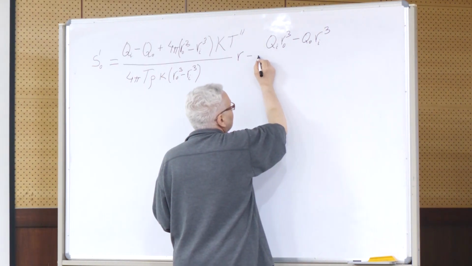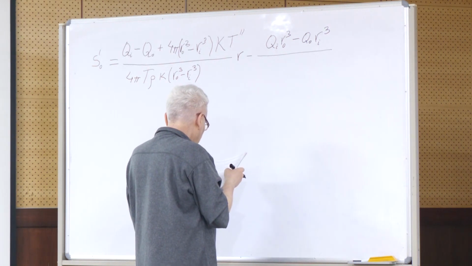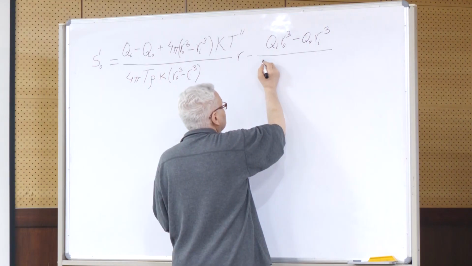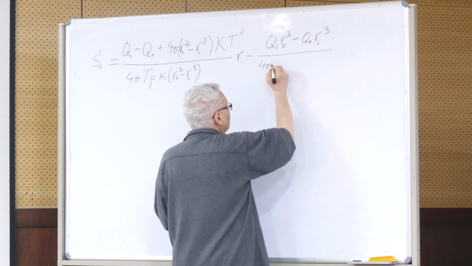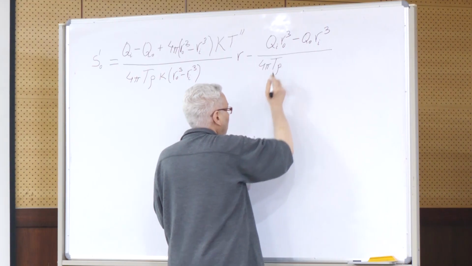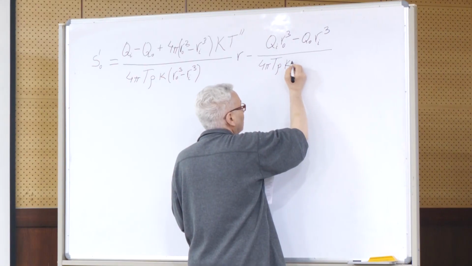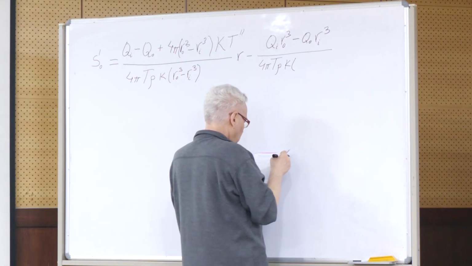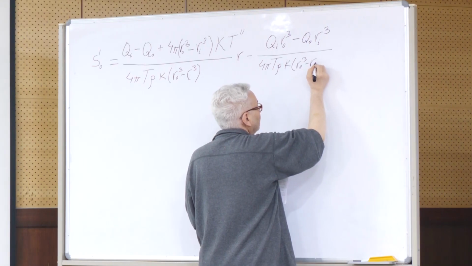Then we have a similar denominator like this, but slightly different. It's 4 pi T rho K, R O cube minus R I cube.